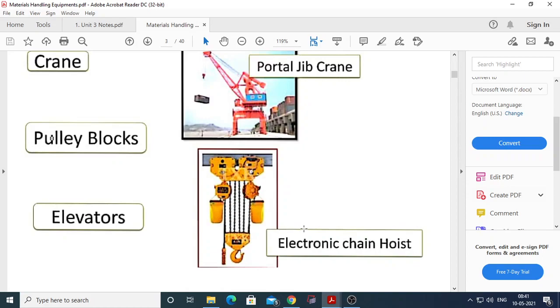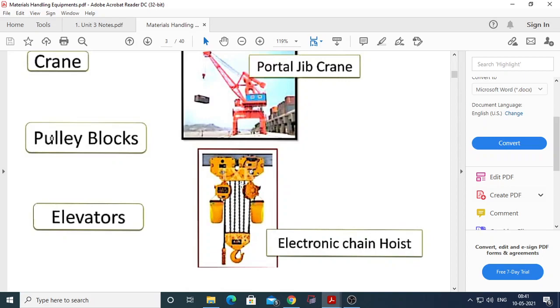Means we want to lift the load with the help of the crane in the vertical direction and move the load in the horizontal direction within the coverage area of the equipment. Okay, there is a limitation. You can move from one point to another point, but the distance has a limitation.